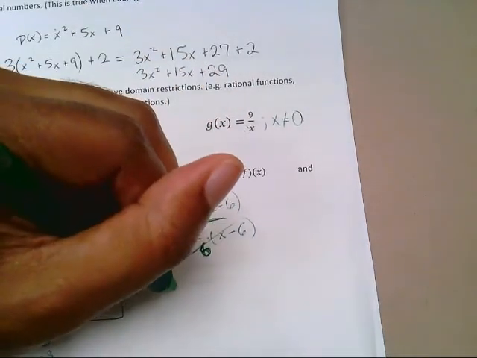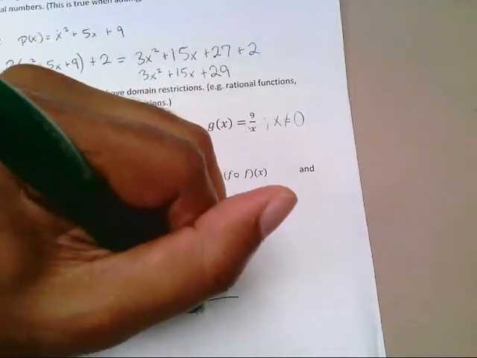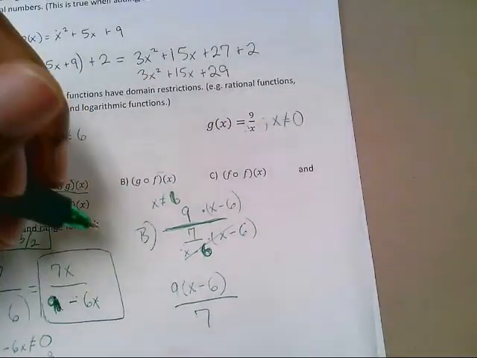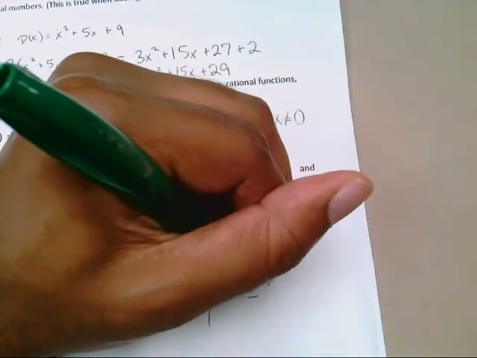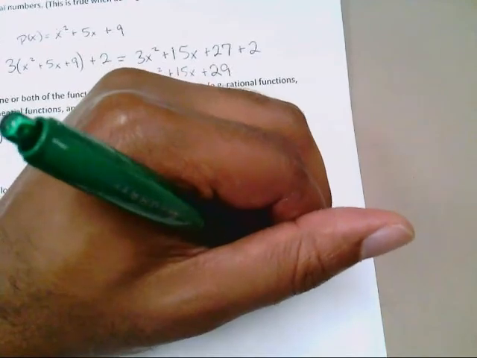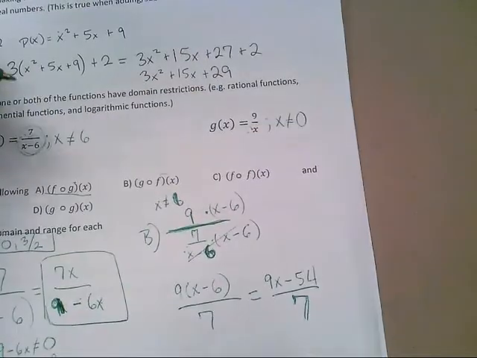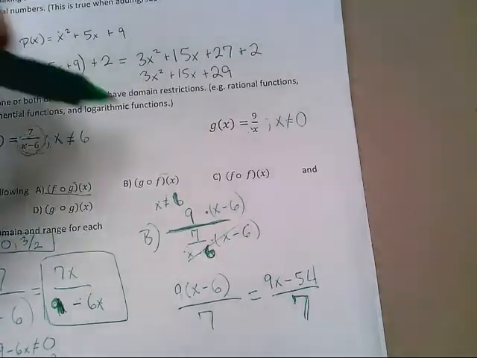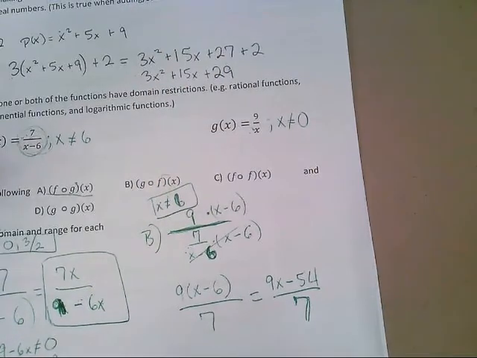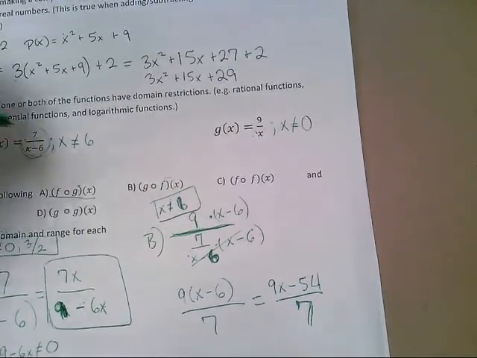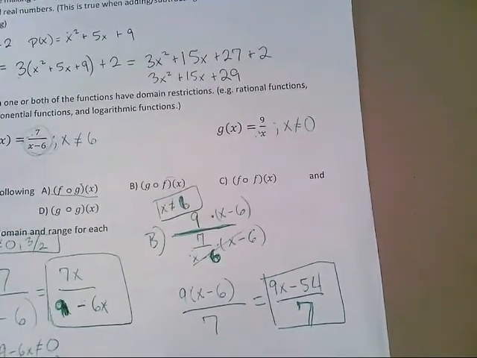And then in our numerator, we'll have 9 times x minus 6 over 7, and now we simply need to simplify our expression, which is going to leave us with 9x minus 54 over 7. And notice here, we don't have any more domain restrictions, so our only domain restriction comes from the original function that we plugged in, which is x does not equal 6, and here is our simplified composite function.